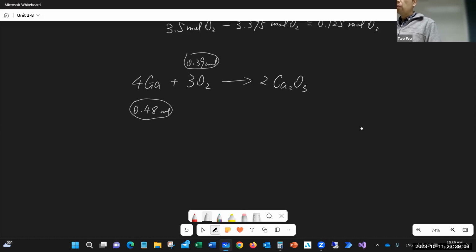All right, so now we try to figure out, if we use up all the 0.48 moles of the gallium, how many moles of the product can we generate? So 4 moles of the gallium will generate 2 moles of the gallium oxide.